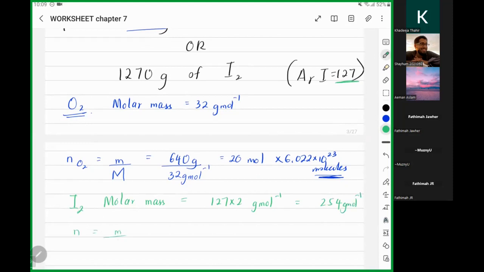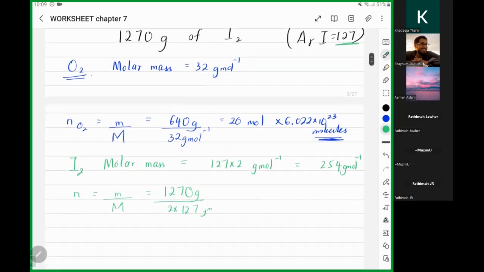Again, mass over molar mass. 1270 gram over 254, which is actually 2 into 127. So 10 here, 1 here, 1 here, 5 here. 5 moles. So that is actually 5 into 6.022.